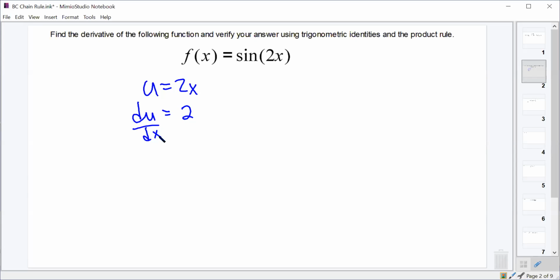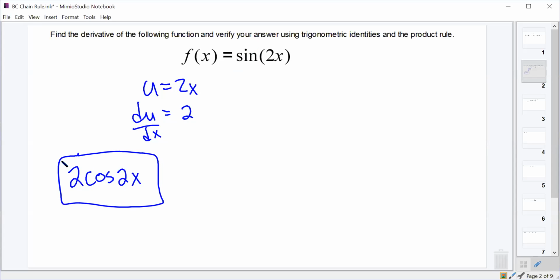And so using the chain rule, the derivative of sine should be cosine of 2x, times the derivative of u, which was 2. So it should come out to be 2 cosine 2x, if we have y equals sine u with u equal to 2x.